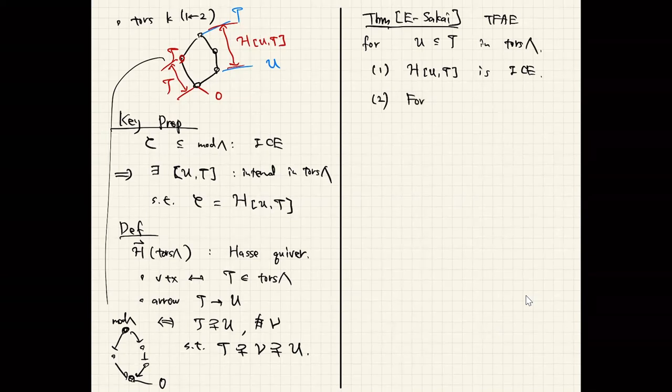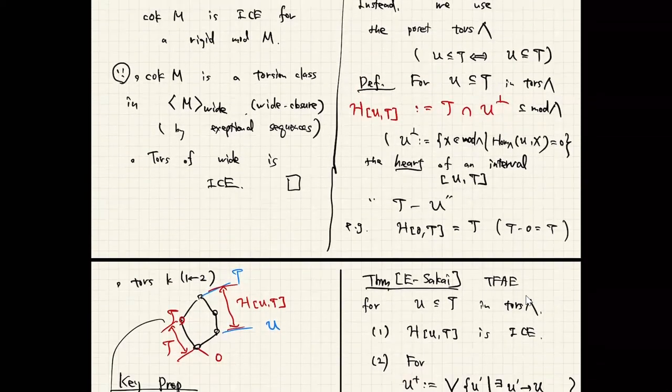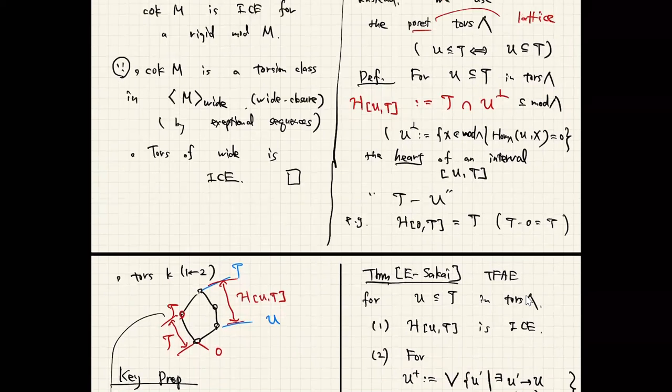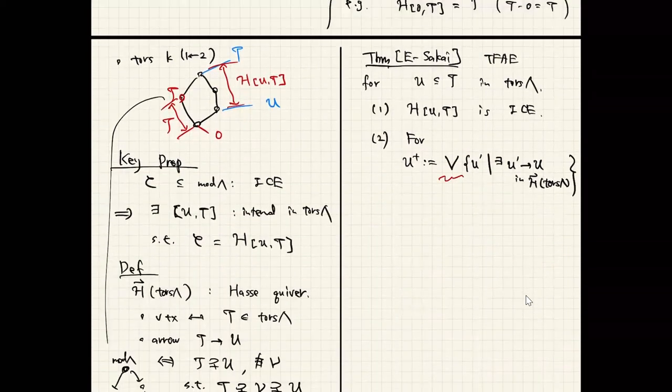First define U^+ as the join of all U' such that there exists an arrow from U' to U in the Hasse diagram. I forgot to mention, but this tors Λ is actually a lattice, not just a poset, so we can take the join operation.